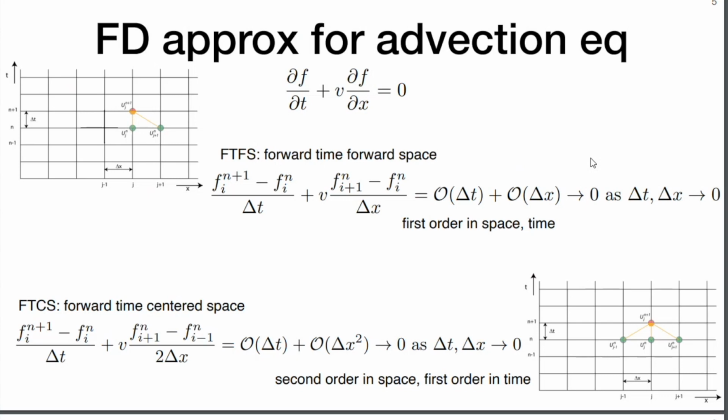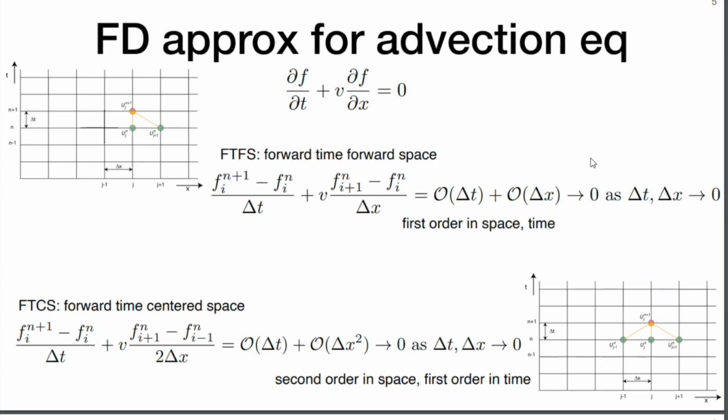So this is the advection equation, ∂f/∂t plus v ∂f/∂x equals 0. Let's just write the forward time, forward space difference approximation for this PDE. I told you the recipe to convert partial derivatives into differences. So you need to apply forward in time. This is the forward in time difference approximation for ∂f/∂t.